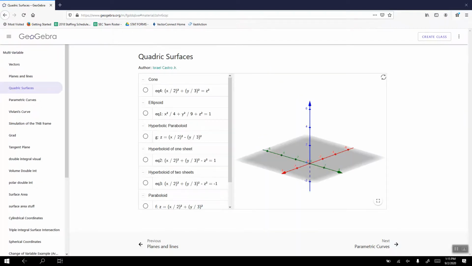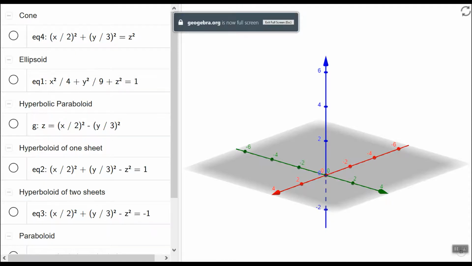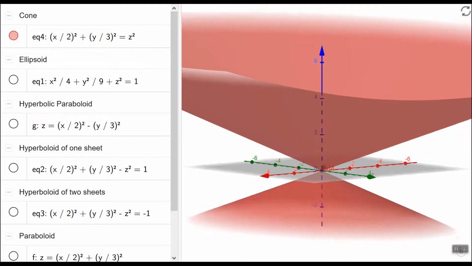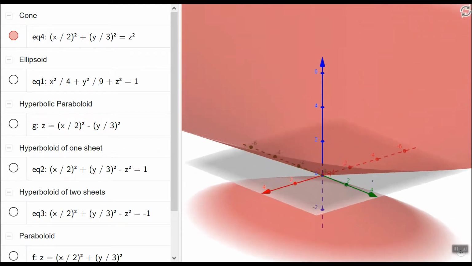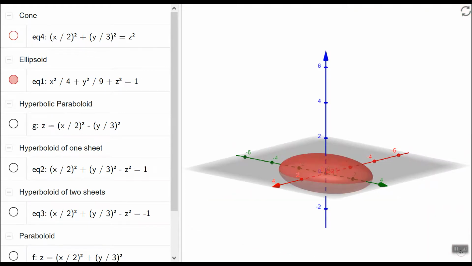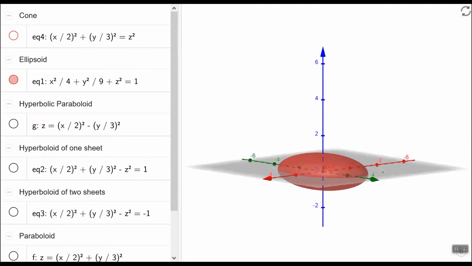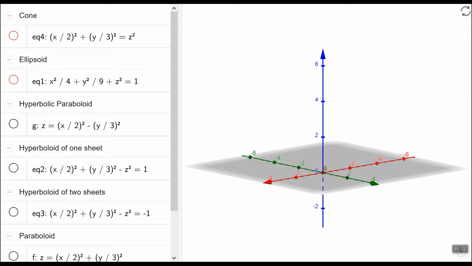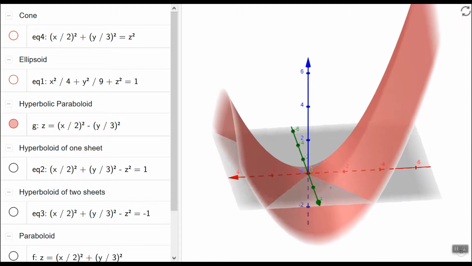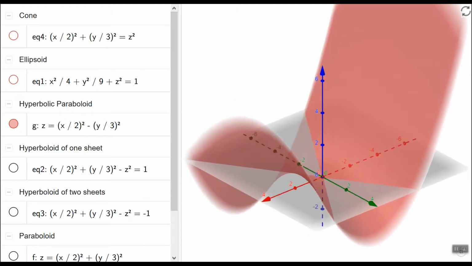If you go to that applet, you will see that I have depicted a cone, and you'll be able to see what the equation of the cone looks like. It's given by this equation on screen on the left. You will also see an ellipsoid. So there you are. You will also see a hyperbolic paraboloid. A hyperbolic paraboloid, again, looks like a Pringle chip or a saddle.